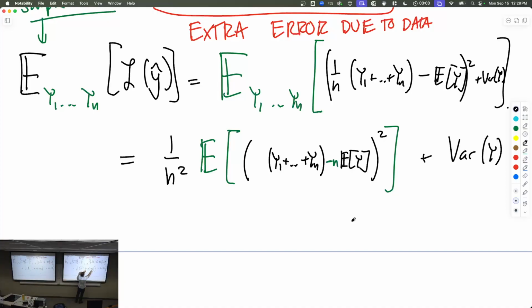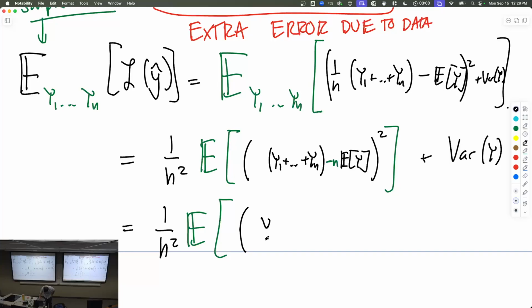What if I take this minus n and I feed it into here? Then it will simplify quite nicely. So let's do that. So this is 1 over n squared, and then the expected value. And instead of writing y1 plus y2 plus dot dot dot all up to yn, and then subtracting n times the expected value of y, I'm just going to write it like this.